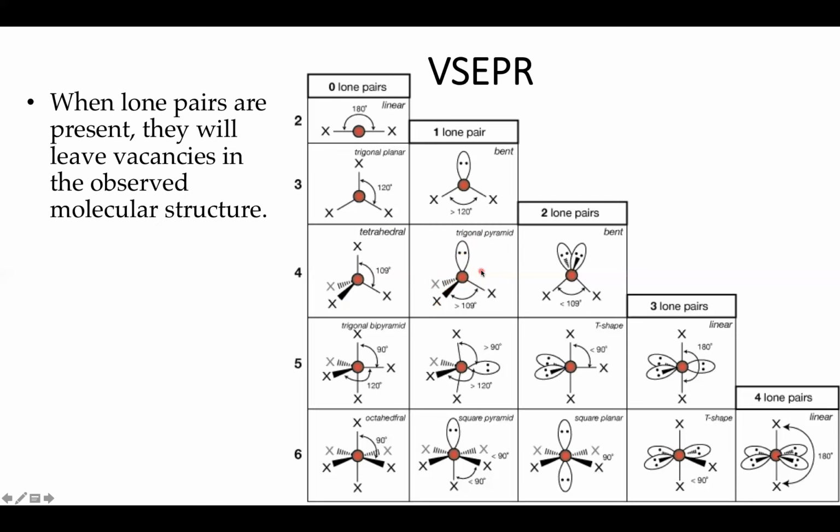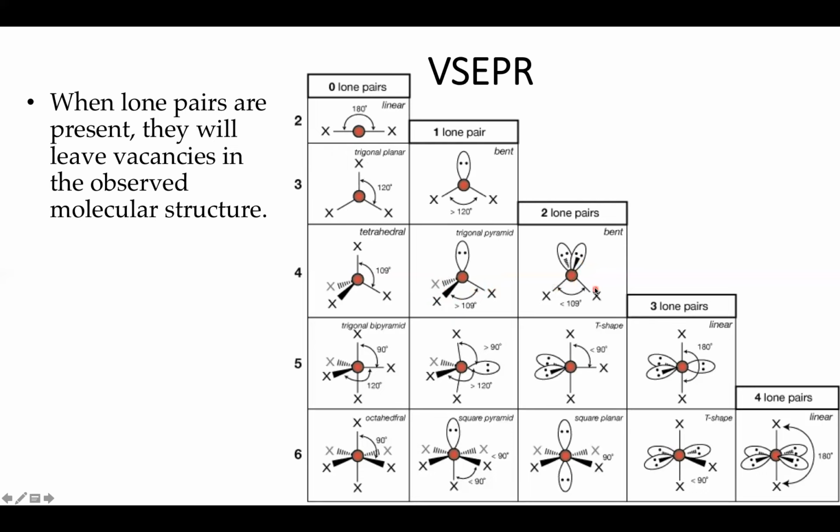It actually has an angle, so we call this trigonal pyramidal. Because I have a triangle that's a pyramid. Ta-da! However, if I have 2 lone pairs, so I only have 2 adjoining atoms, congratulations, I'm bent.